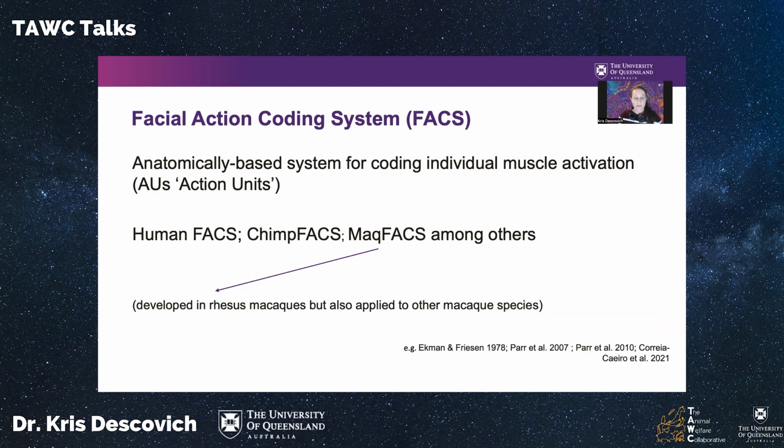Now, FACS systems are quite objective because they really do focus on that individual muscle activation. So for example, if I have a neutral face, and then I have activation of action unit 12, which is our smiling muscle, it would look like this. If I wanted to code action units 25, 26, and 27, that's lip parting, jaw dropping, and jaw stretching, that would look like this.